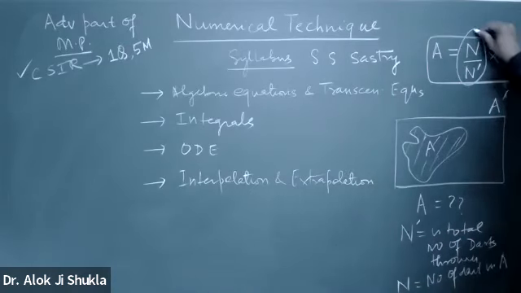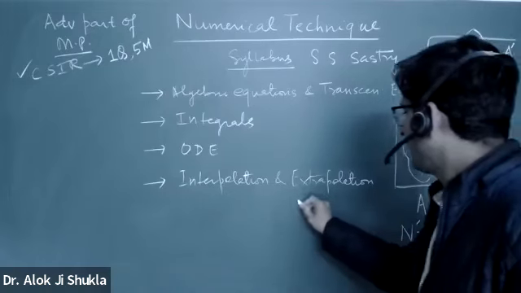This is the probability. n dash by n dash क्या हो जाएगा?